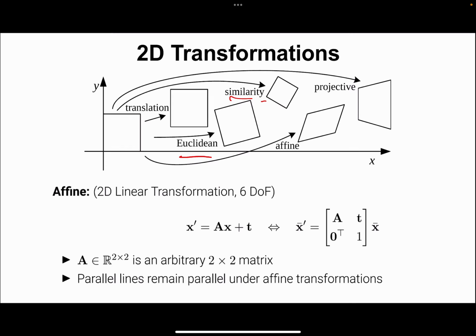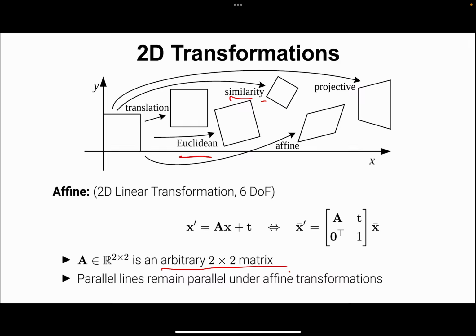A can be any arbitrary matrix. There is no constraint for the upper left matrix. In the translation, the upper left was identity, just a constant. Euclidean, a rotation matrix. Similarity, a scaled rotation matrix. But for affine transformation, now it's just an arbitrary 2 by 2 matrix.